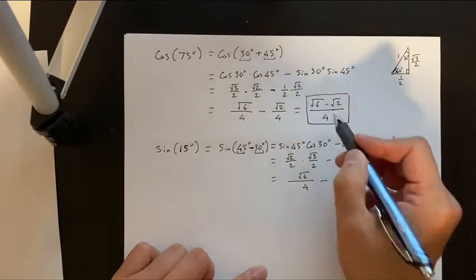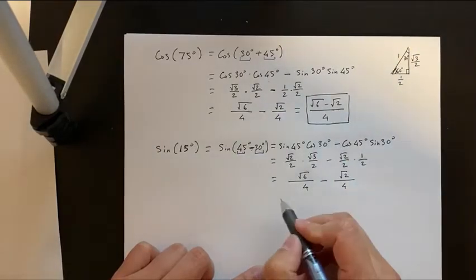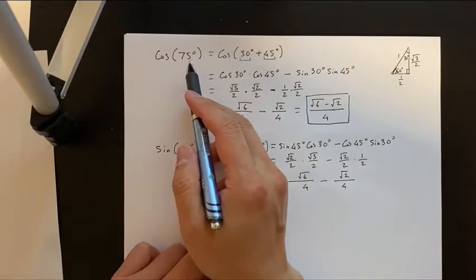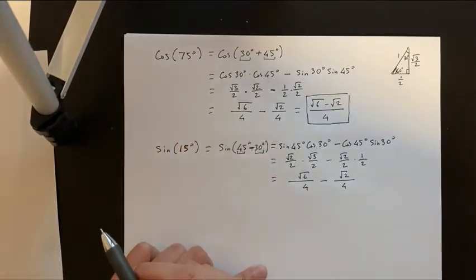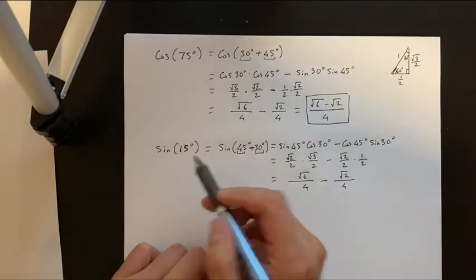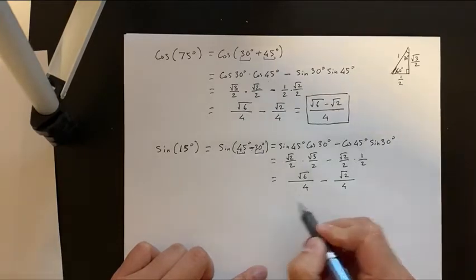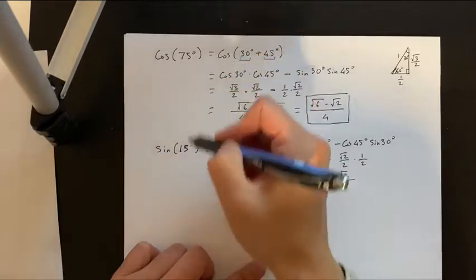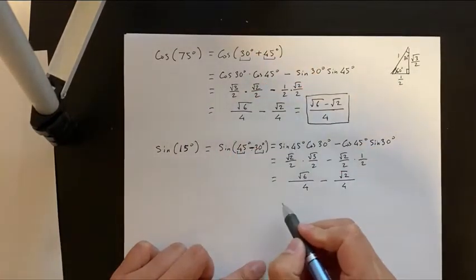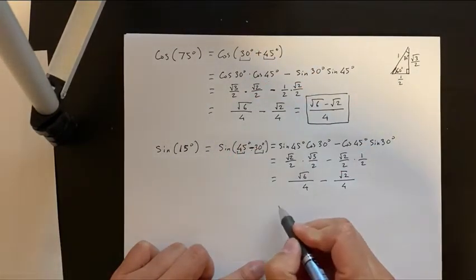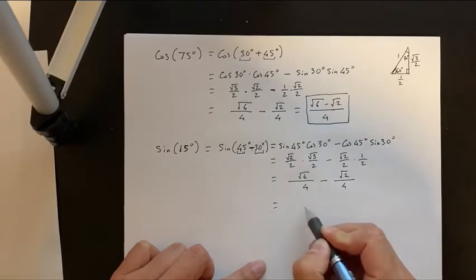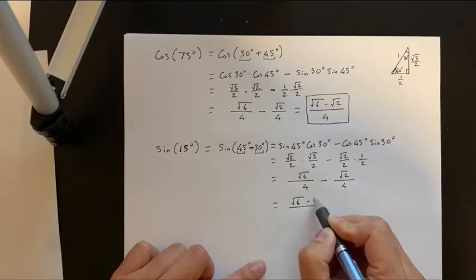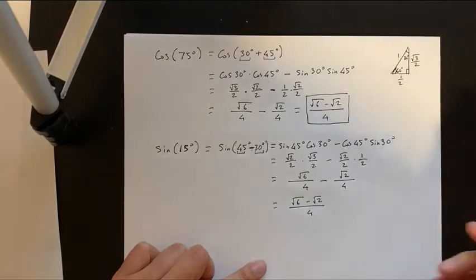And what do you know? It's the same thing as cosine of 75. So cosine of 75 is the same thing as sine 15 degree. And you'll see why in a bit. We're going to tie these two together through another trig identity. So this is going to be root 6 minus root 2 over 4.